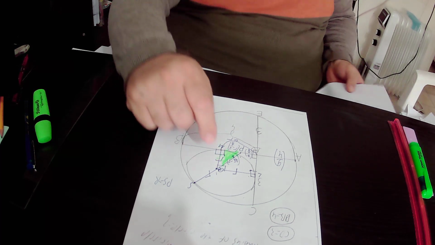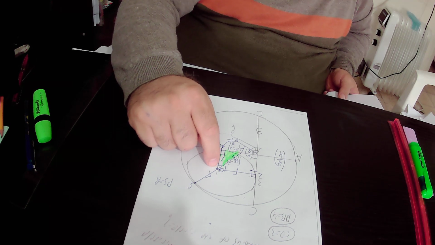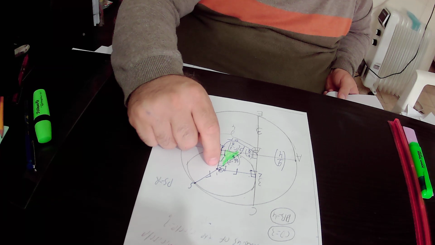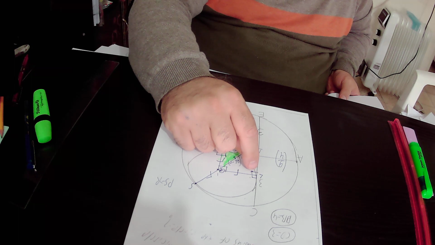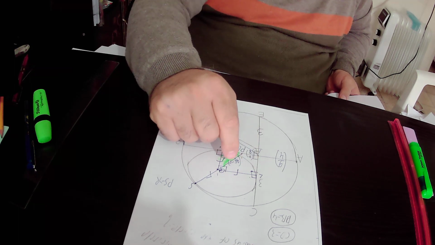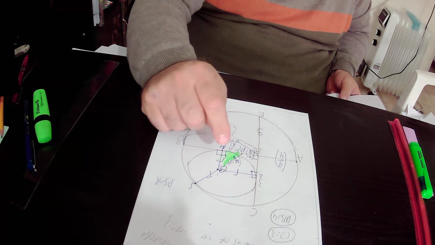From the center of the small circle, we draw the radius to the point of tangency, that is point L, the point of tangency of tangent CD with this small circle.